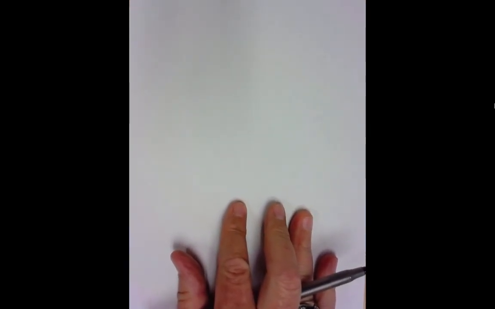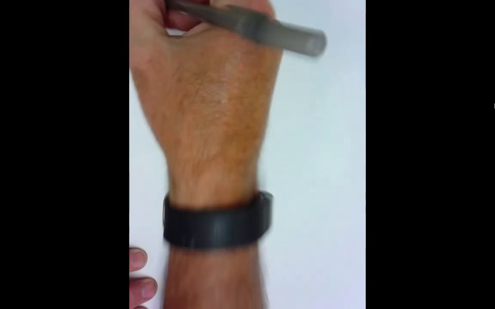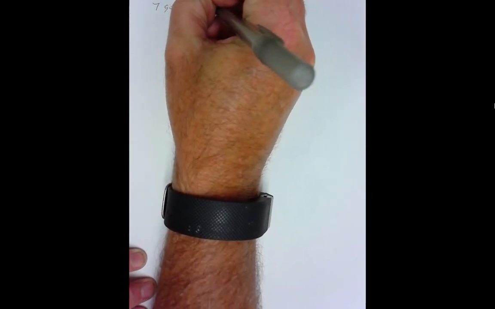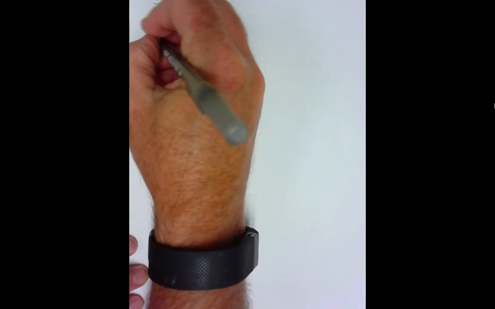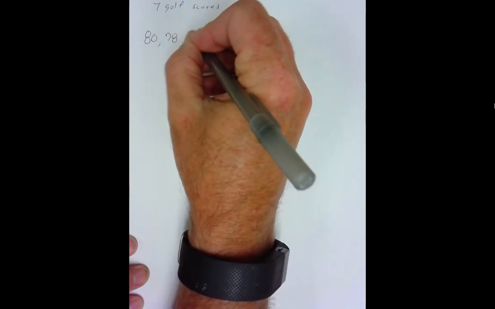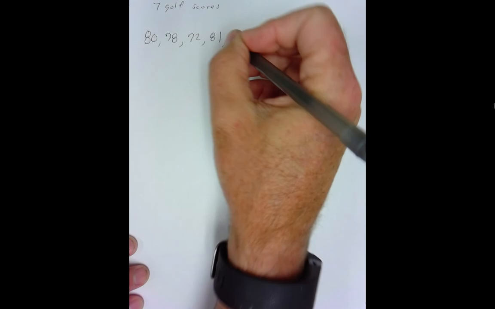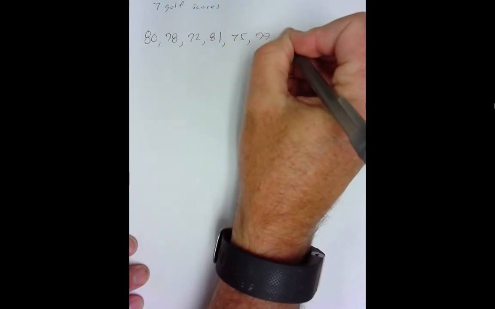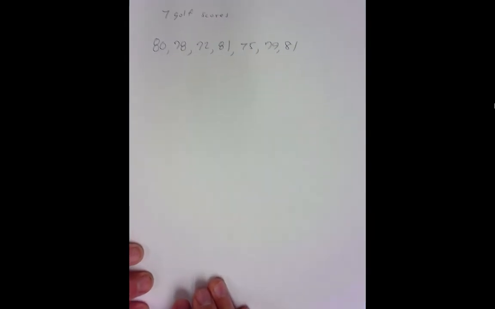So, guys, let's summarize what we've done so far. First of all, we had these 7 golf scores. And those golf scores were 80, 78, 72, 81, 75, 79, and 81.